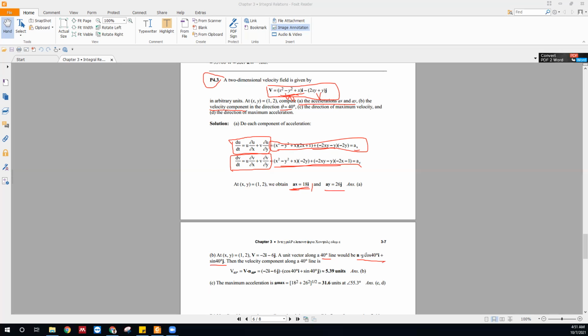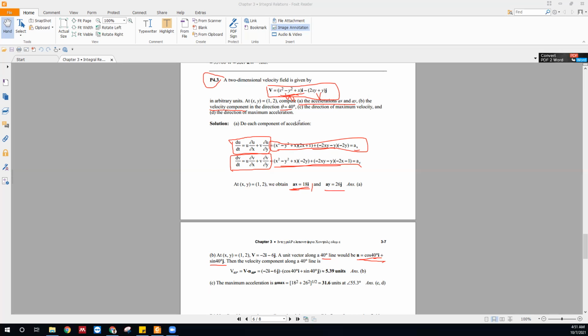That's the standard equation to write any unit vector in a particular direction. So n equals cos theta i plus sin theta j. Now for theta, it should be 40 degrees. So that's the unit vector, meaning the magnitude of this unit vector is 1, right? And the direction is along that direction.